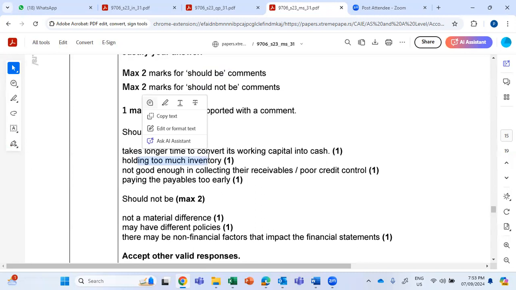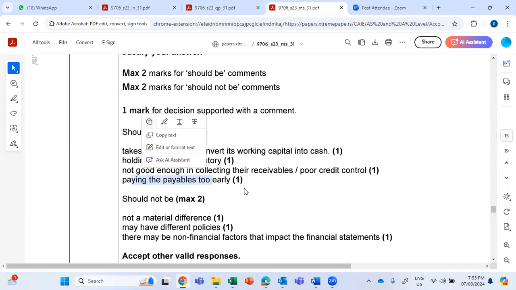Too high a working capital cycle can also mean we're not fast in collecting from our trade receivables, which means our credit control skills are not good enough. So we should look into probably offering more attractive cash discounts. Or maybe we are unnecessarily paying off our trade payables too early.